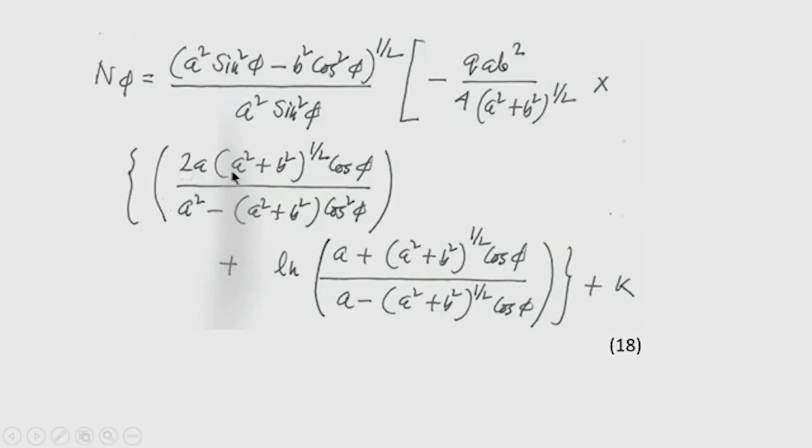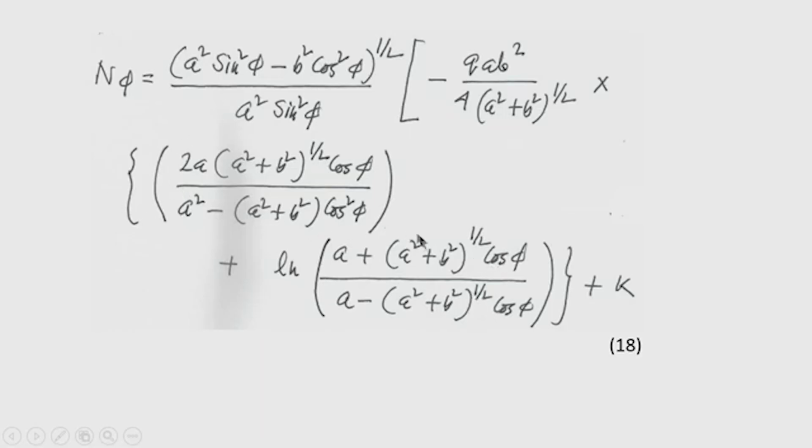So, 2a into (s square plus b square) to the power half into cos phi divided by (s square minus (s square plus b square) into cos square phi), plus logarithm of (a plus (s square plus b square) to the power half cos phi) divided by (a minus (s square plus b square) to the power half into cos phi).